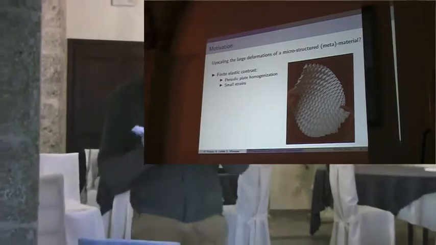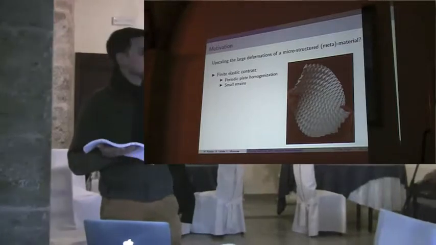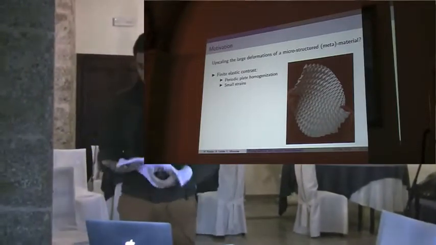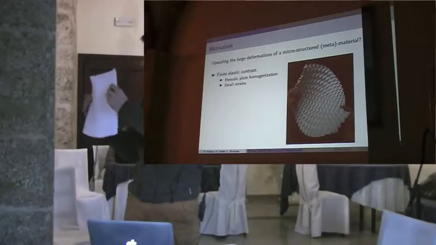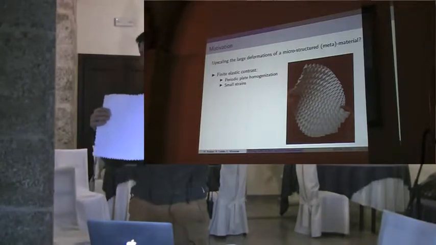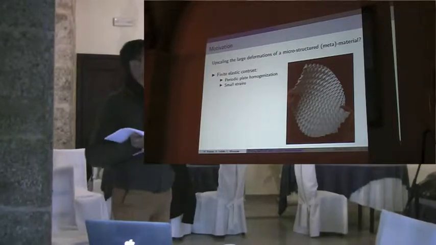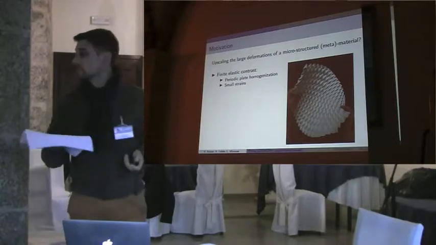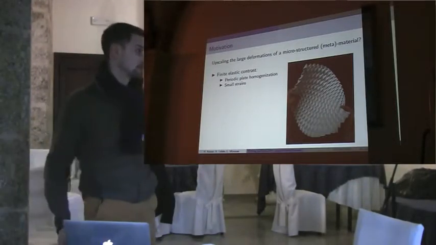If I assume finite elastic contrast, meaning everything is a single body with this corrugation, okay, I expect that I will have a shape without self-stress. Okay, and then if it's flat, I can perform periodic plate homogenization. Okay, and I need to assume small strains. All right. And this is a framework which is quite well established.